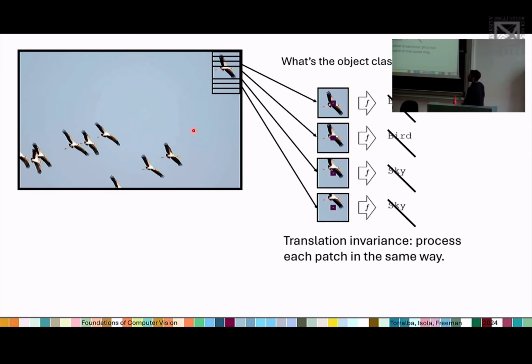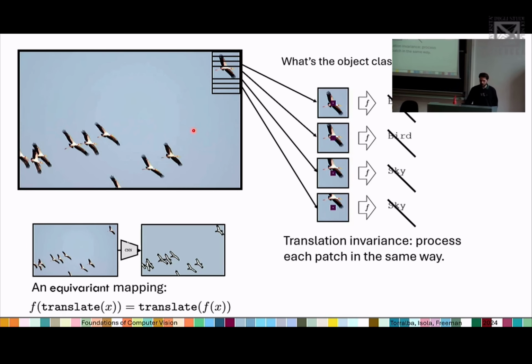The concept behind doing that, if you think about it, is that of translation invariance. You take a patch, a part of the image, and you process every patch in the same way. In the older computer vision approach, this is called equivariant mapping.